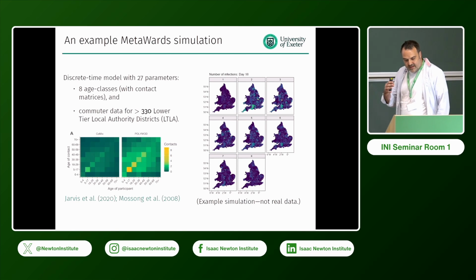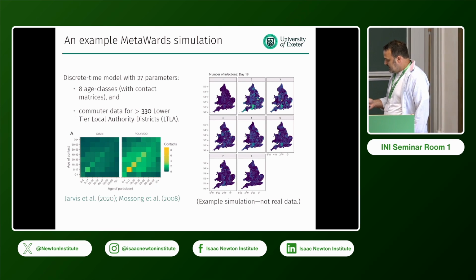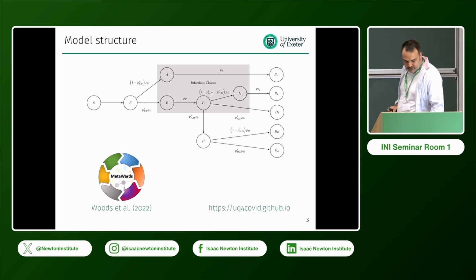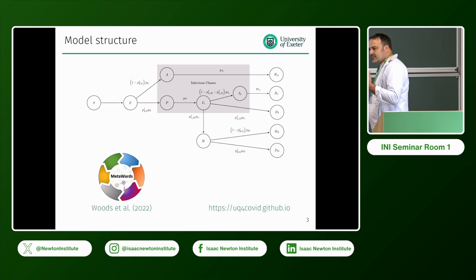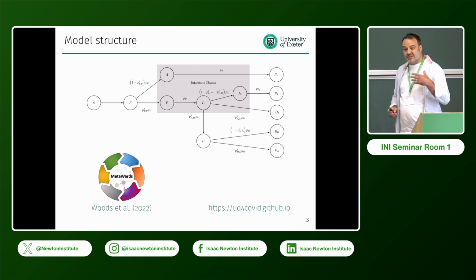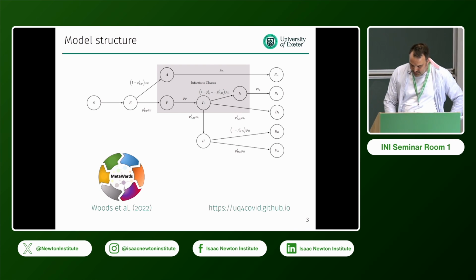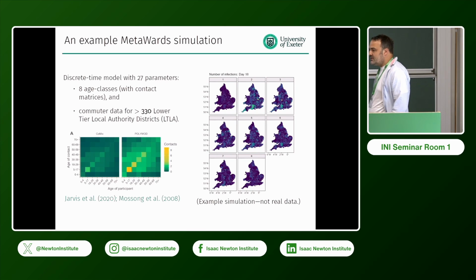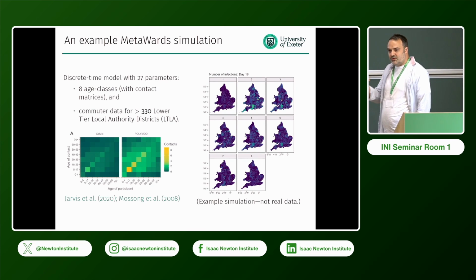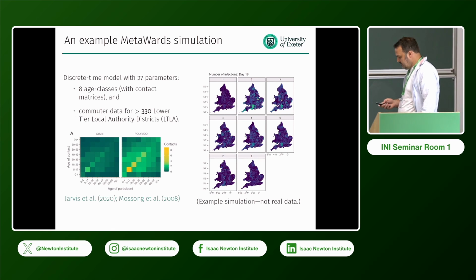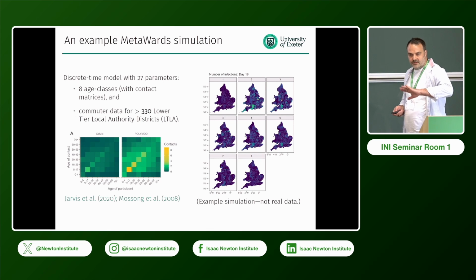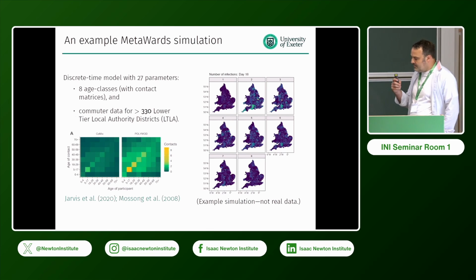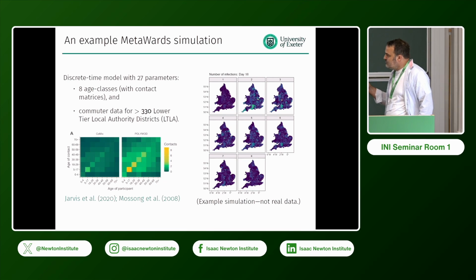What makes this model more challenging is that we originally developed it in a piece of software called MetaWards, a general purpose simulation package that embeds epidemic models on top of mobility data, specifically commuter data. The commuter data governs how individuals move between different spatial regions in the country, and the movements are split into systematic commuting patterns and more random, non-commuting movements.